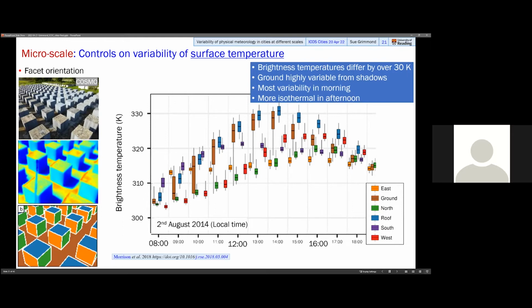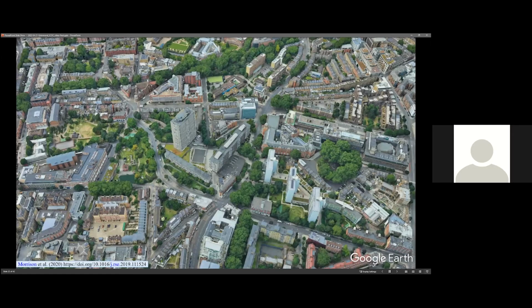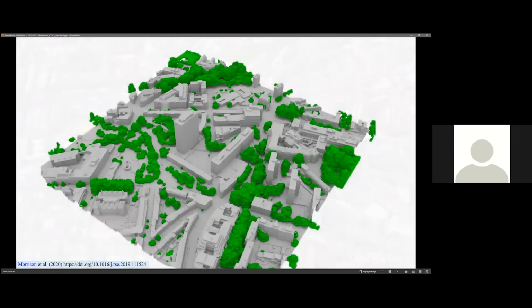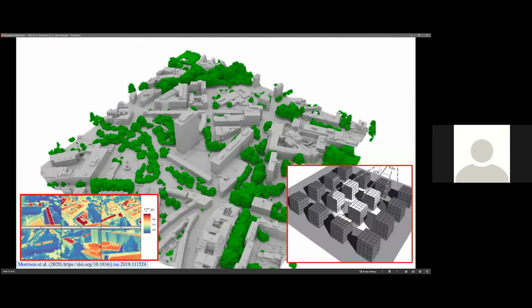This is much simpler than reality, shown here for London: a much more complicated modeling environment, a much wider range of surface temperatures being modeled, with variations in materials and orientations, amongst other things. And that is challenging.